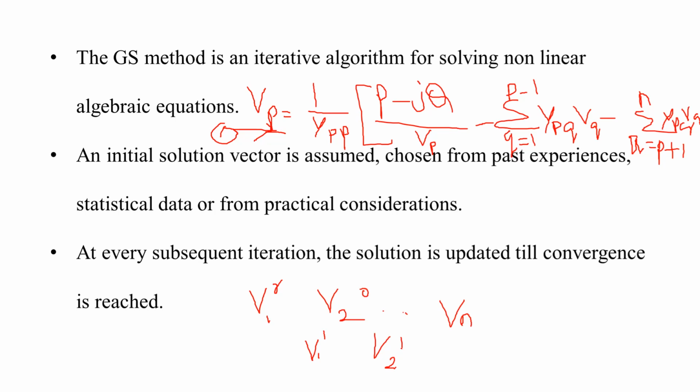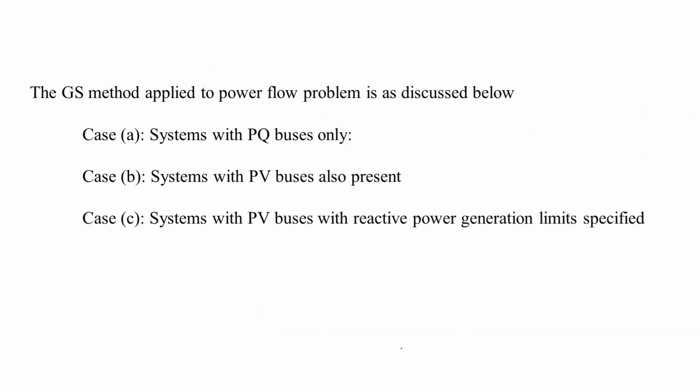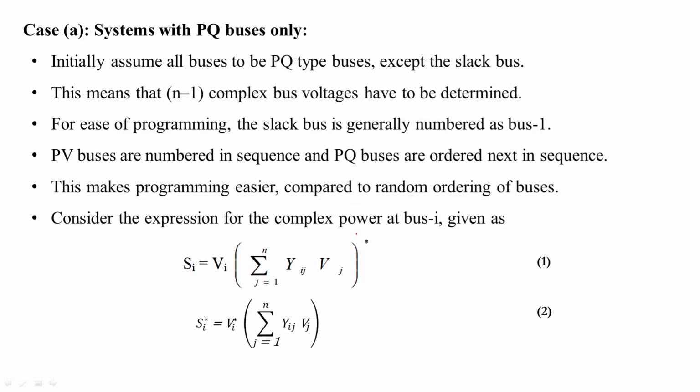These are computed by performing the calculations for all buses, and at every subsequent iteration the solution is updated until it converges. The power flow problem is applied in three different cases: a system with PQ buses only, a system with PV buses, and a system with PV buses with reactive power generation limits specified.